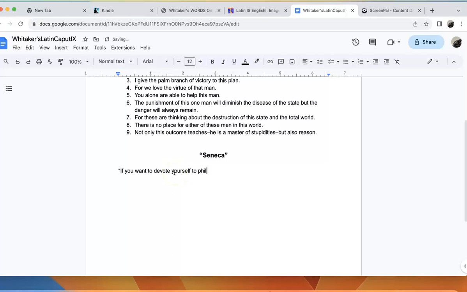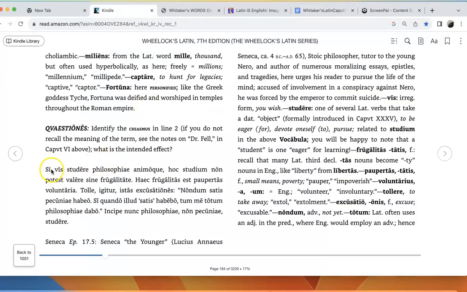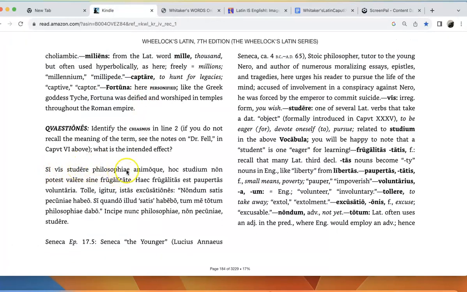To philosophy and the life of the mind. I'm a philosopher, so that's why this language is easy for me. That's why I don't need to go back and look at it. But let's go back and look. So if you want to devote yourself to philosophy and the life of the mind.